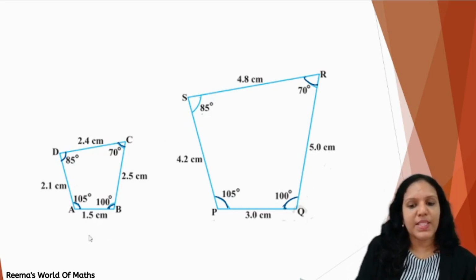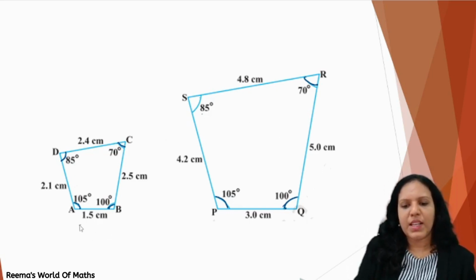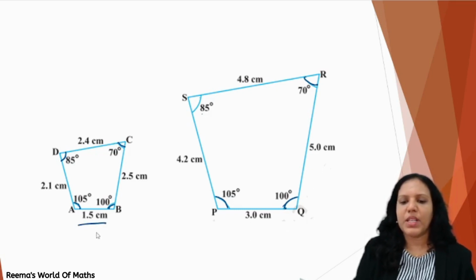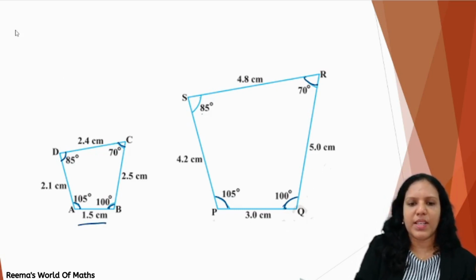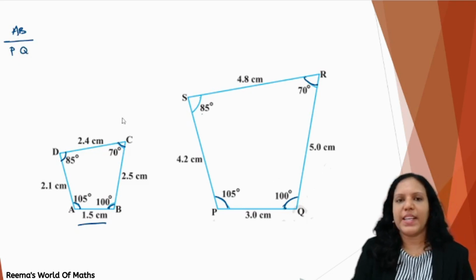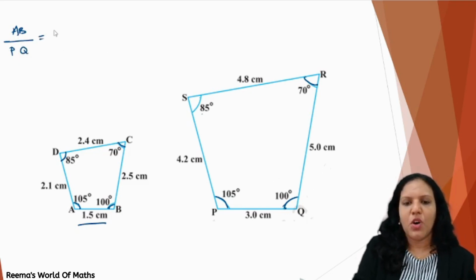Now let's look into the sides. The first side, AB, is 1.5 centimeters, and its corresponding side is PQ. AB by PQ equals 1.5 divided by 3, which equals 1 by 2.